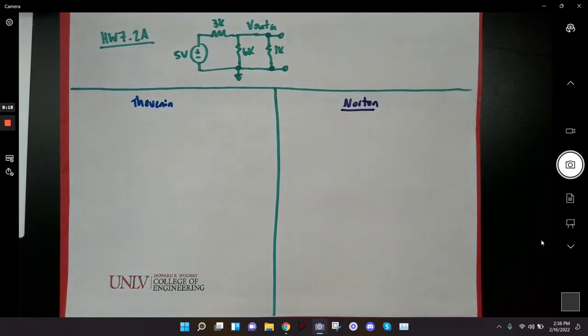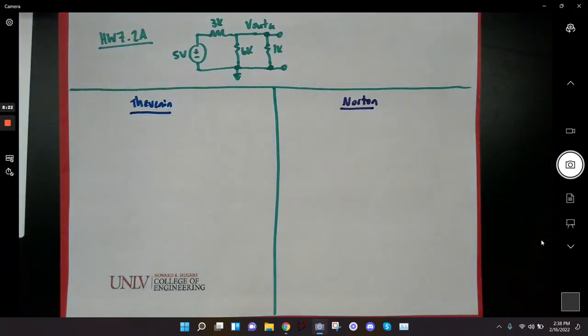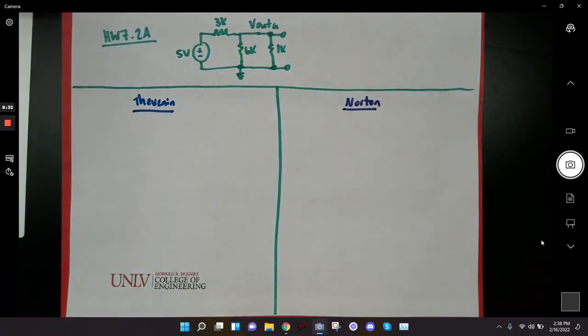The first thing you need to do is solve for V out in the original circuit. This is just what we've been doing this entire time. We're not going to do anything crazy. There's no Thevenin and Norton involved yet. You're just finding V out A because that's what we need to reference later to see if we did our Thevenin and our Norton correctly.